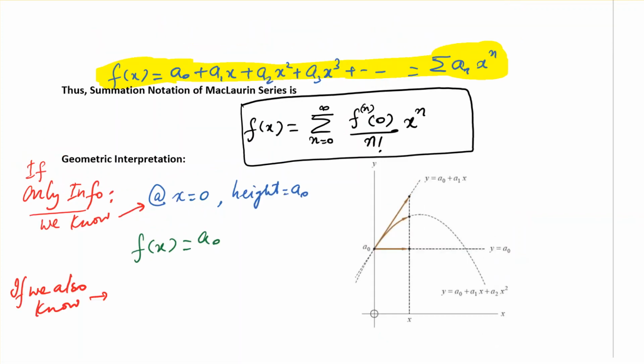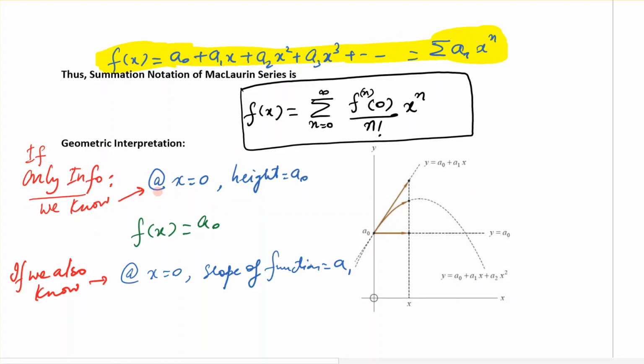But if we know some additional information, like the slope of the function at x equal to 0 equals a1, so now using these two pieces of information, that at x equal to 0 the height is a naught and also the slope is a1, the best we can do is assume that the slope stays relatively constant and guess that the function is a straight line, and the desired function is given by this equation a naught plus a1 x.